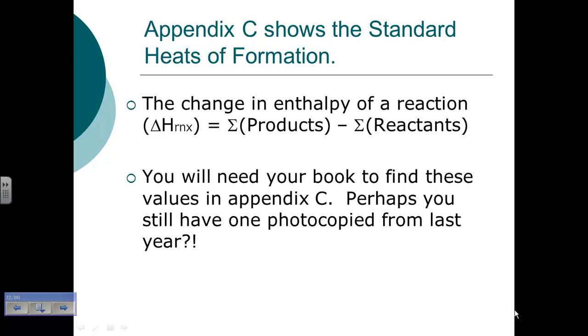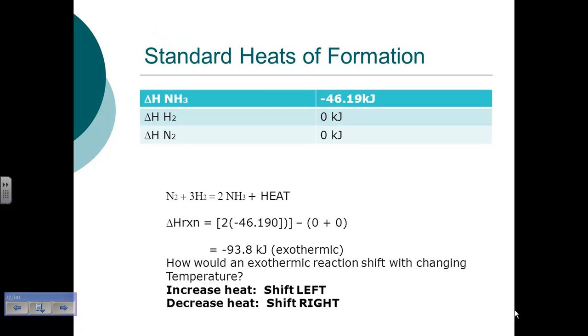Products minus reactants, where coefficients are distributed through the values we find in Appendix C. You'll need your book to find these values, or perhaps you can pull out a photocopied version from your folder somewhere, but you definitely need access to do these problems. Now, I did this for you. I went to the back of the book and I pulled up these values. I found the delta H of formation for ammonia, NH3.